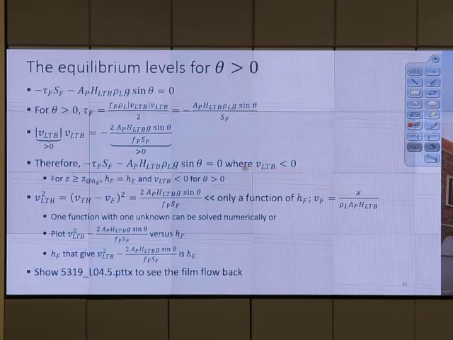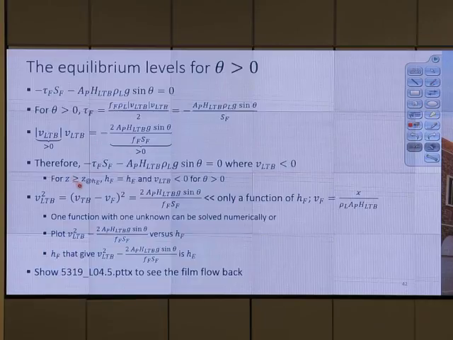This is for Z greater than Z at which the equilibrium liquid height occurs.